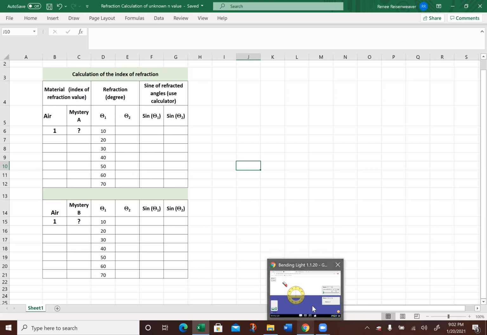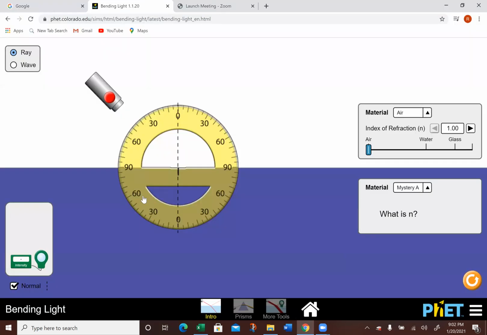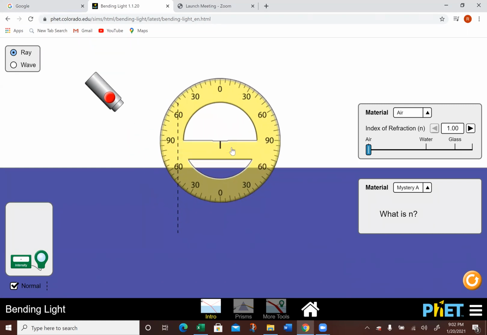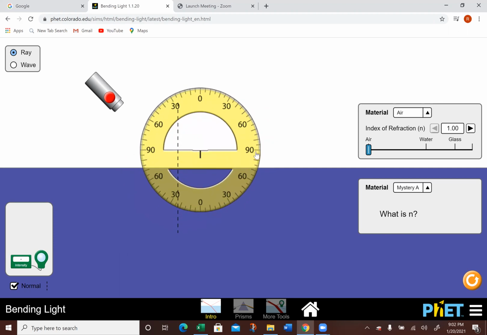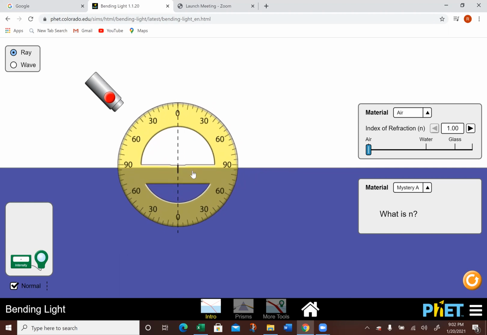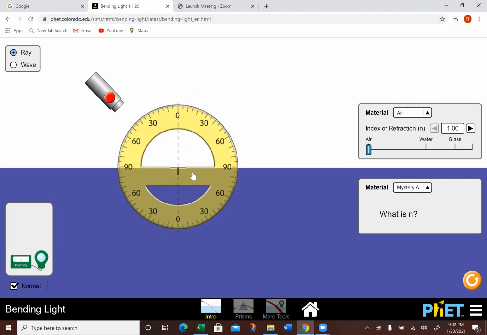So going back to the website to fill in your data table, again, make sure your protractor is lined up. So this dark line in the center of the protractor goes on the normal, and the 90-degree horizontal line lines up with the boundary surface between air and mystery A. So line up your protractor as shown.